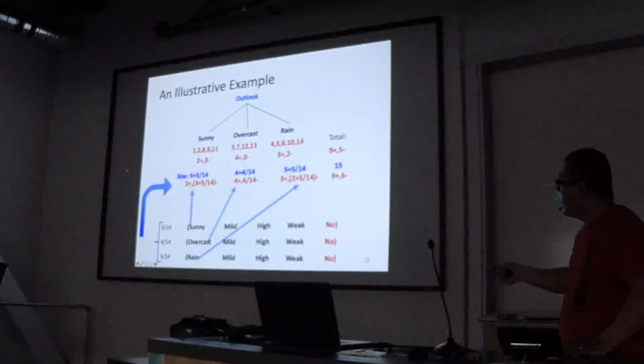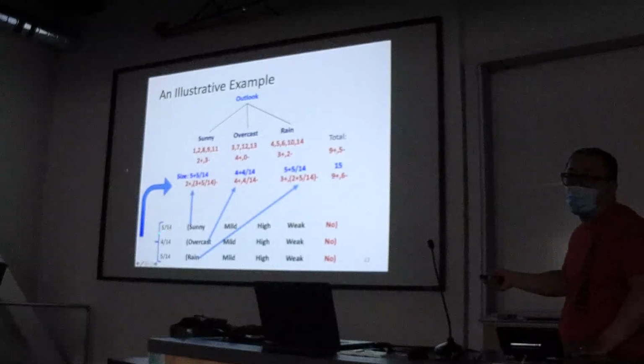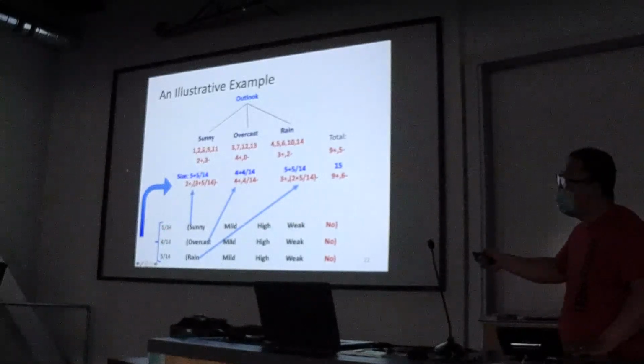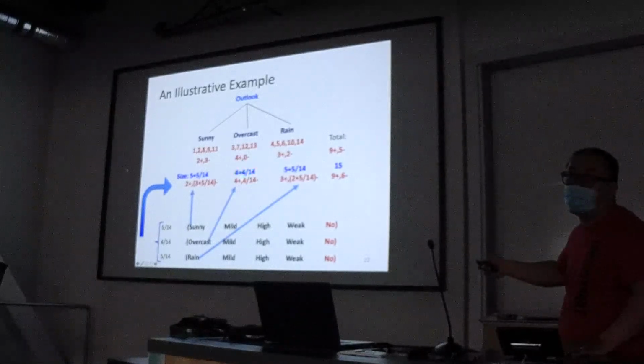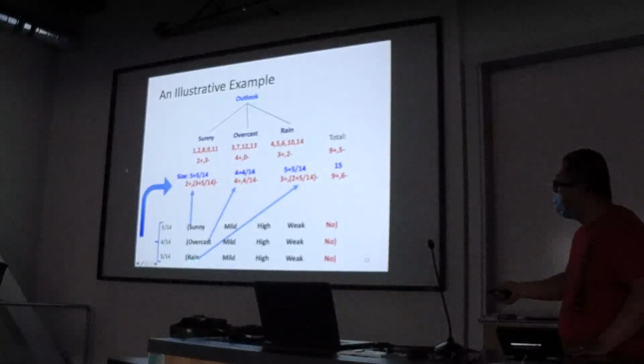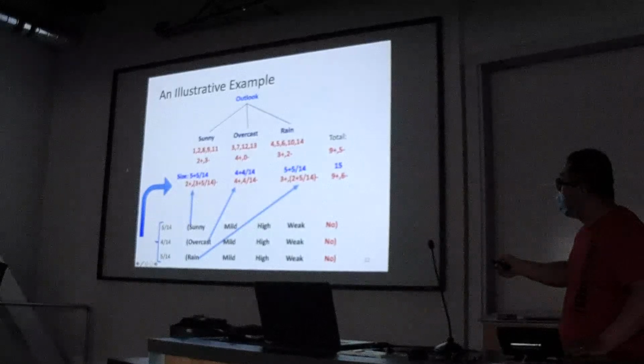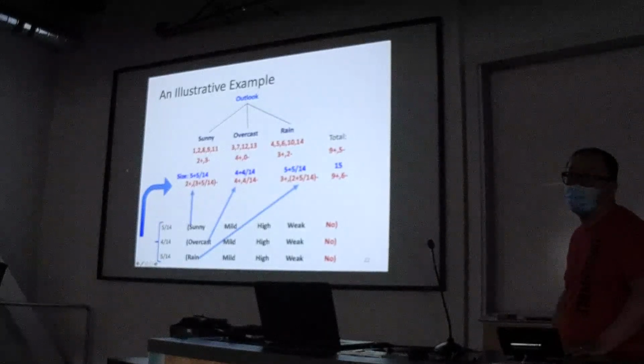So this sunny example, whose fraction count is 5 over 14, is added into this subset, right? And this overcast example is added into the second subset, so the size will be 4 plus 4 over 14. And there's a rain example whose fraction count is 5 over 14, so the total size will be 5 plus 5 over 14 for this subset.